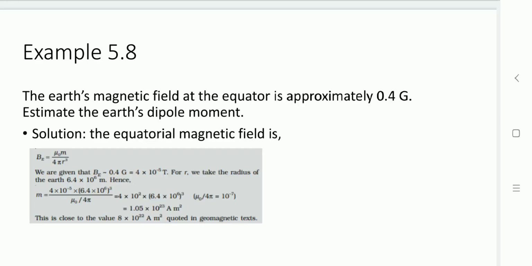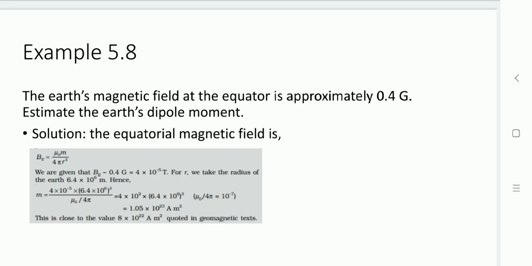The magnetic field is given as 0.4 Gauss, that is 4 into 10 raised to minus 5 Tesla. R we should take as the radius of the Earth, because we are to estimate the Earth's dipole moment. The radius of the Earth is 6.4 into 10 raised to 6 meter.